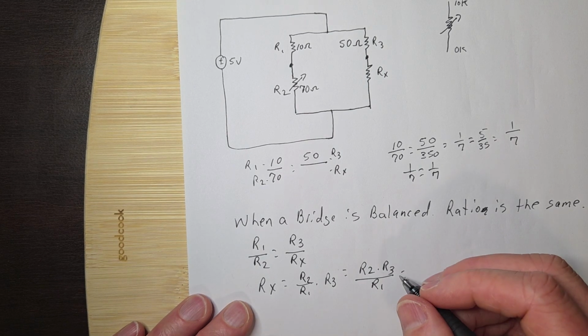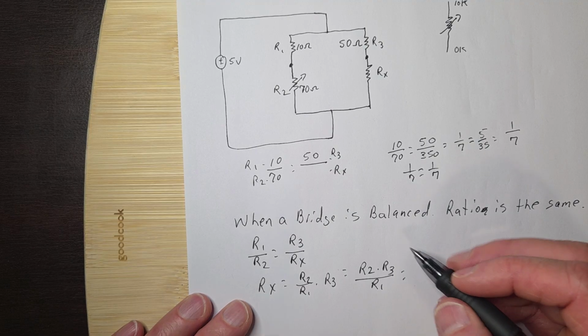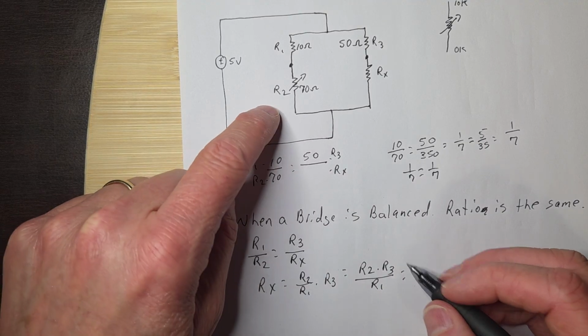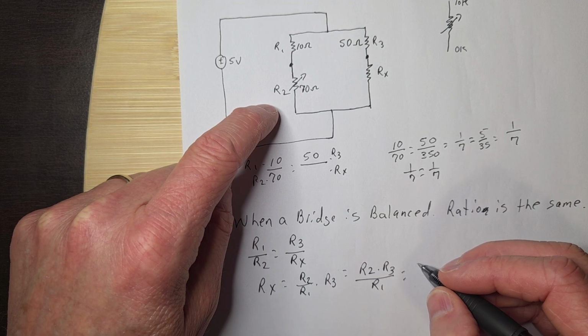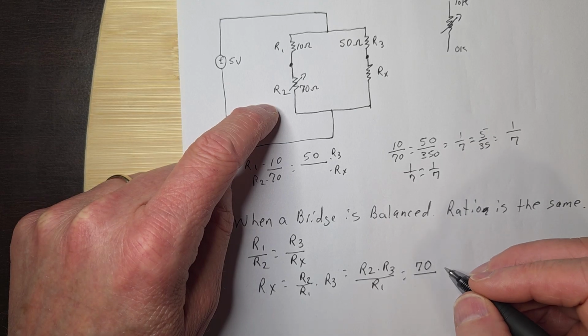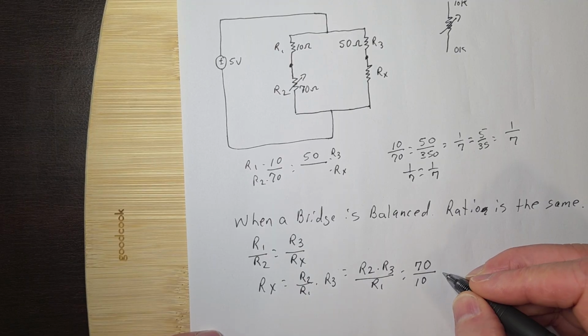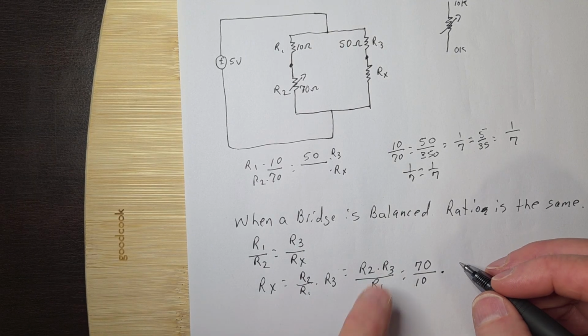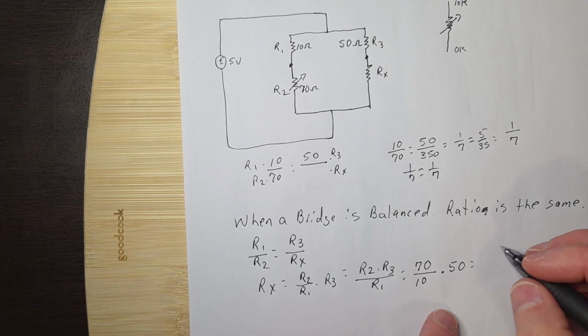In this case, for example, R2 was 70, R1 is 10, and then we multiply that times R3, which is 50.